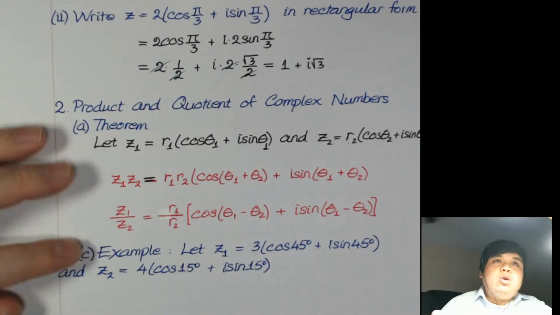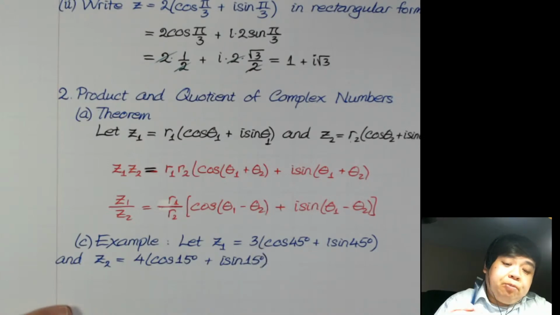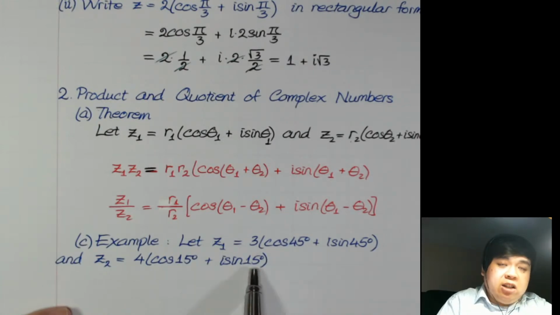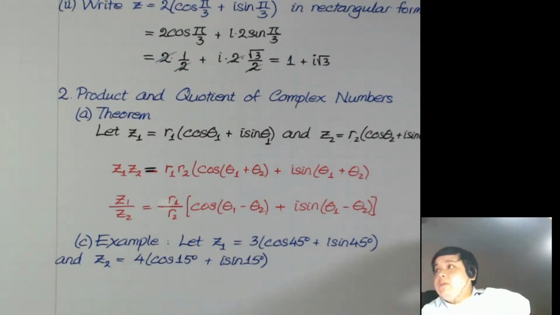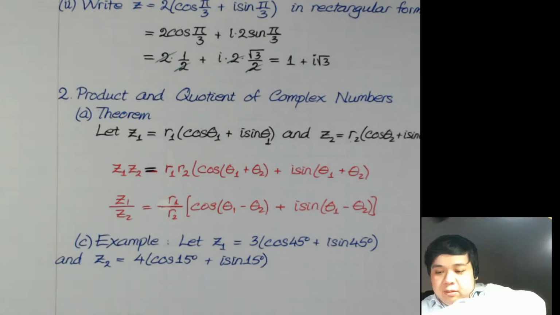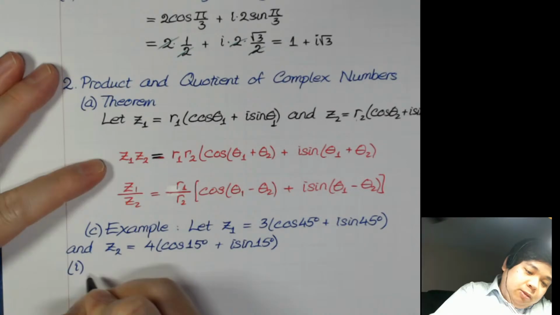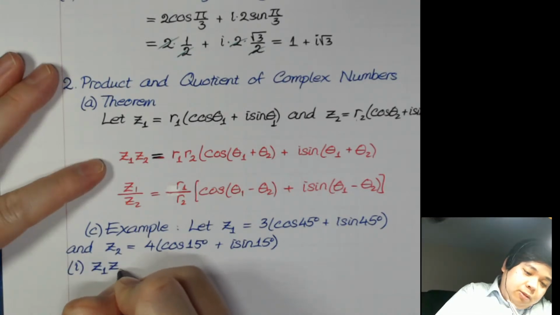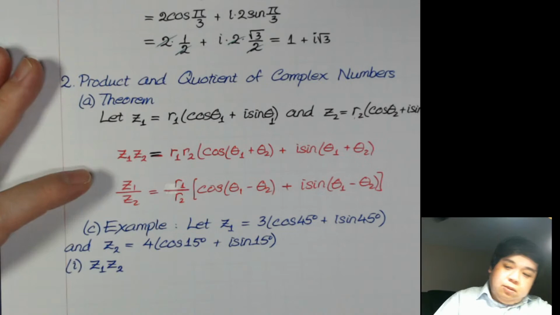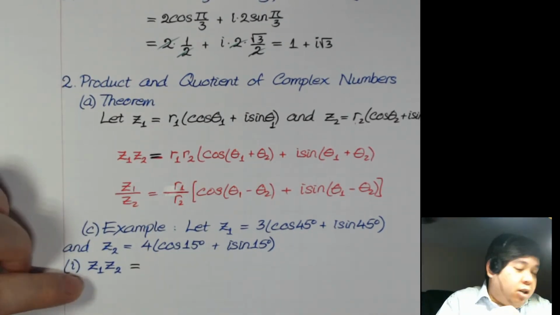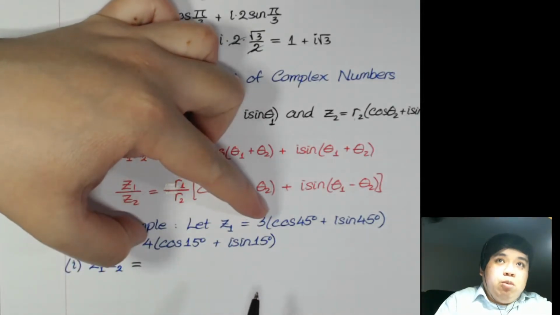So always like that, we have a positive number, and then the angles will be the same angles, the cosine by itself and then i sine. Right. So when we multiply two numbers together, first we multiply the modulo, so 3 times 4.